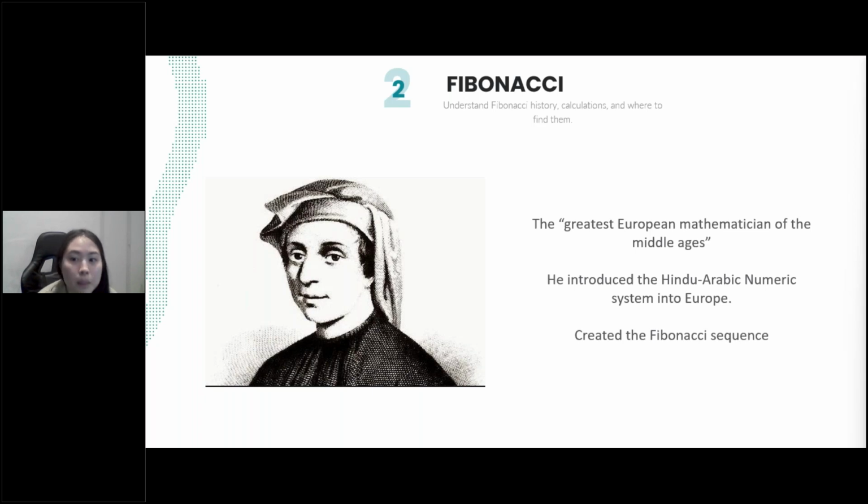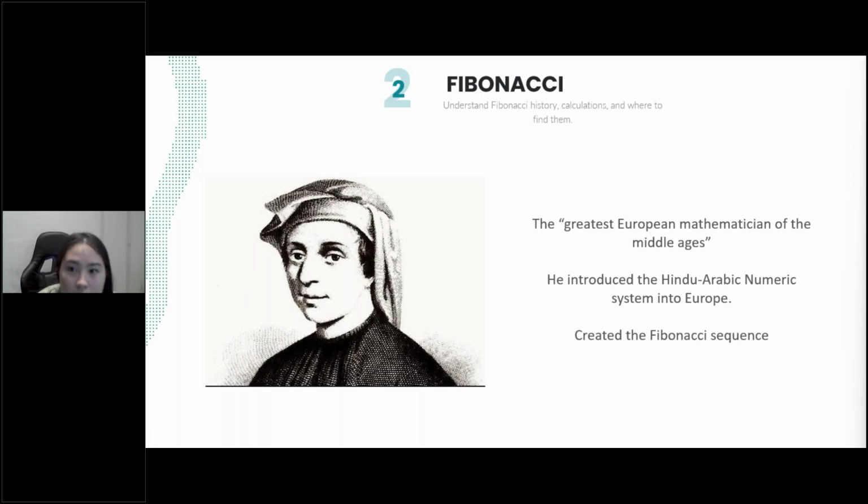He was one of the first people to introduce the Hindu-Arabic numeric system into Europe. People were using Roman numerals before this, and then he was the one who introduced that numeric system into Europe. His new number system allowed easier calculations and created the famous Fibonacci series.